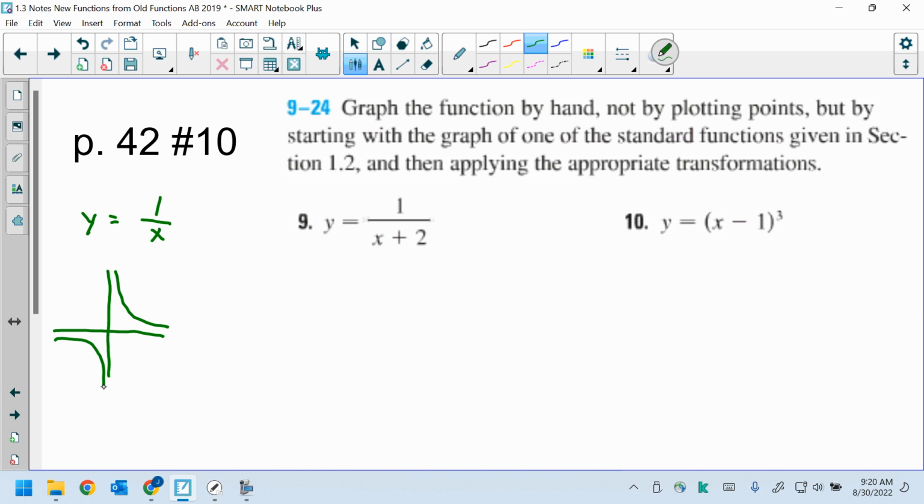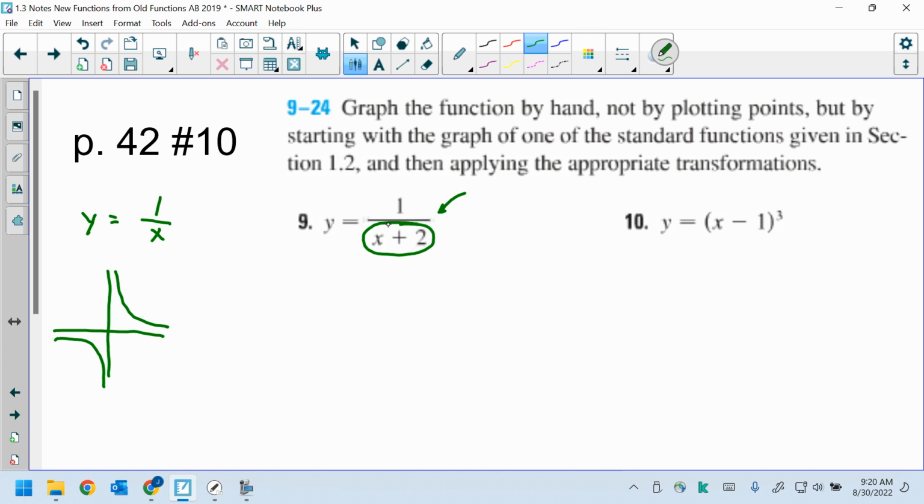Now, when I say this, am I messing with the x value or with the y value? Since this plus 2 is associated with the x, I think I'm messing with the x. I'm affecting things horizontally.